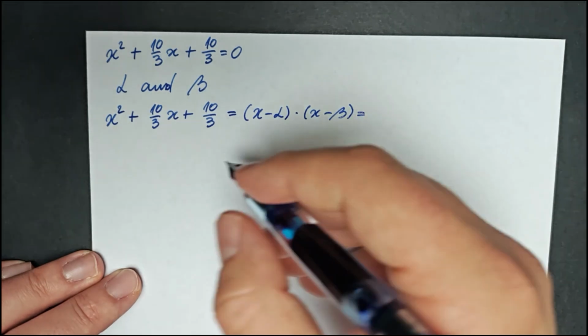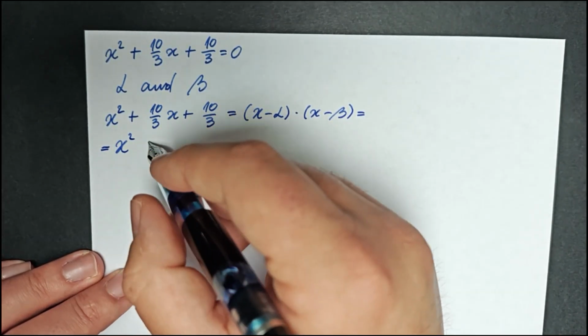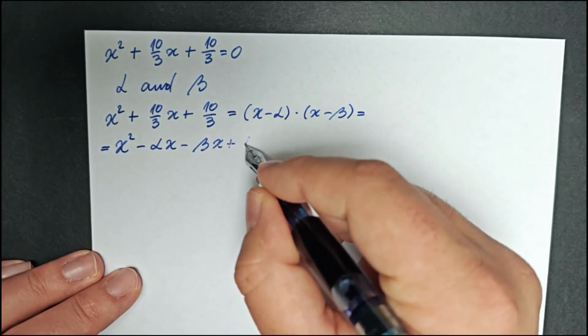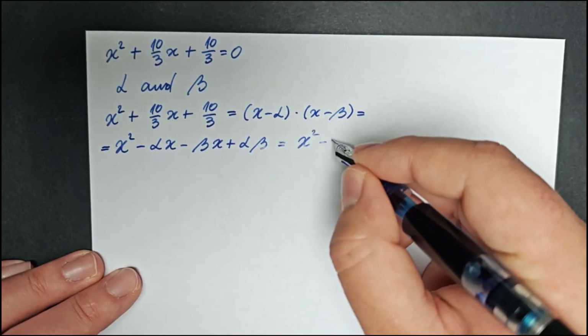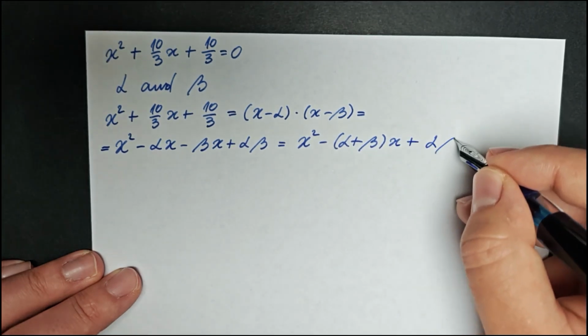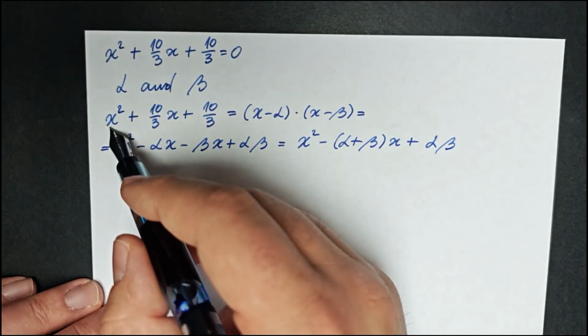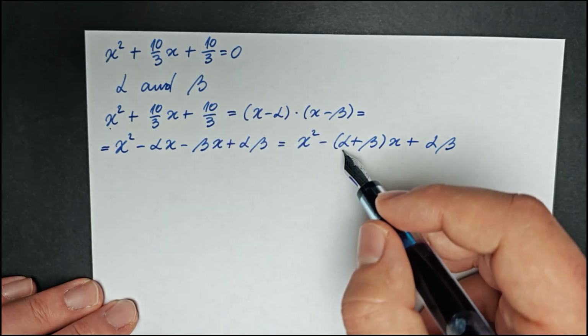And when we do this multiplication, we see that this is equal to x squared minus alpha x minus beta x plus alpha beta, which is going to give us x squared minus alpha plus beta x and plus alpha multiplied by beta.